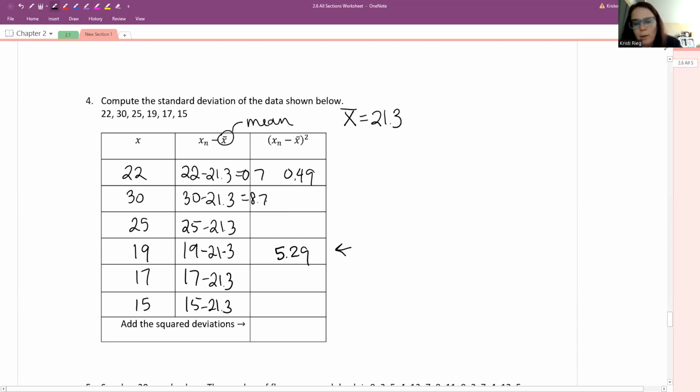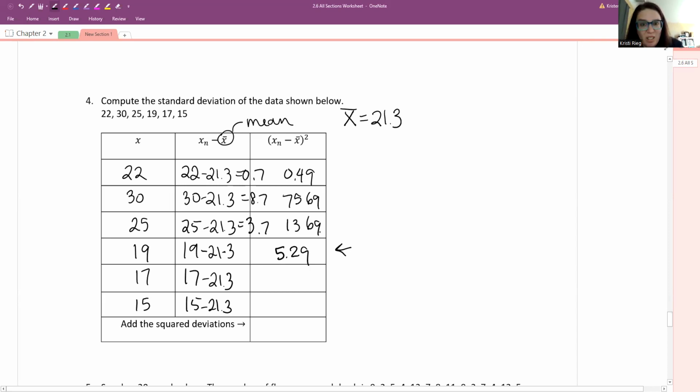Square it, just do it all over here and get 75.69. 25 minus 21.3 is 3.7. Square it and get 13.69.